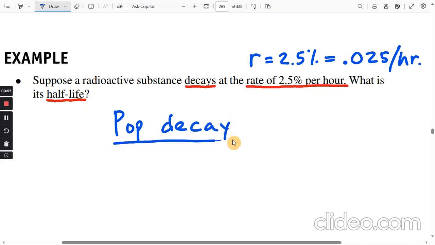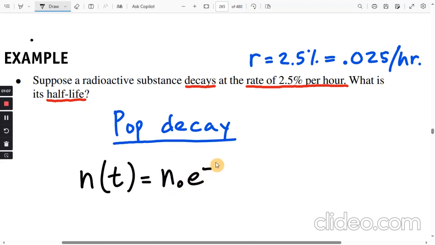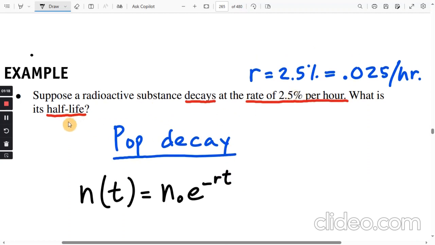All right, so we're going to use the same formula we've been using, N of t equals n sub 0 times e to the negative rt. So we want to find the time. We want to find the half-life, that is the time t.